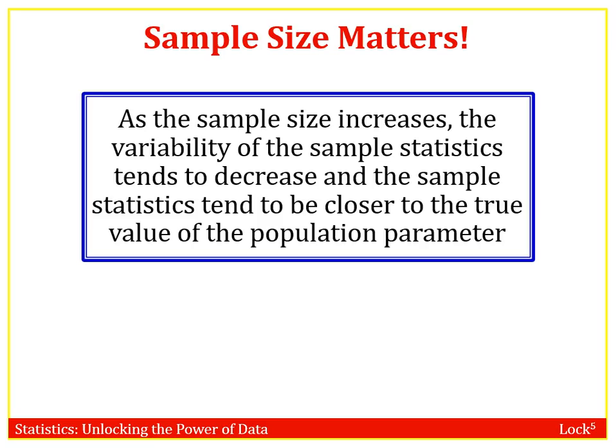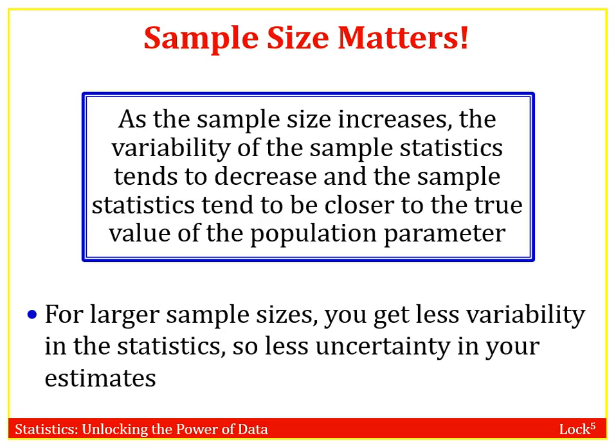Now, size matters. The variability of our sample statistics tends to decrease, and the sample statistic tends to get closer to the parameter, as the sample size increases. So the bigger the sample, the better the data you get and the less variability, so you get less uncertainty.